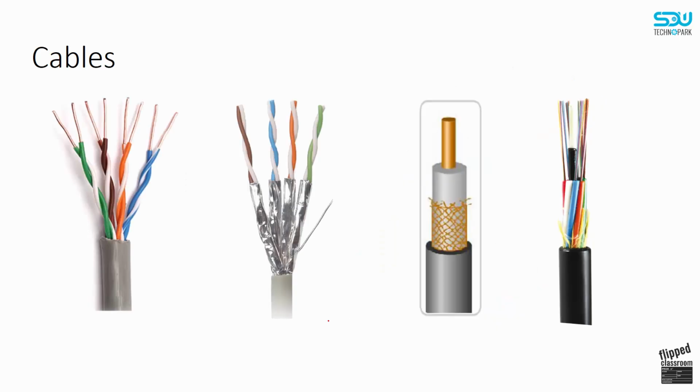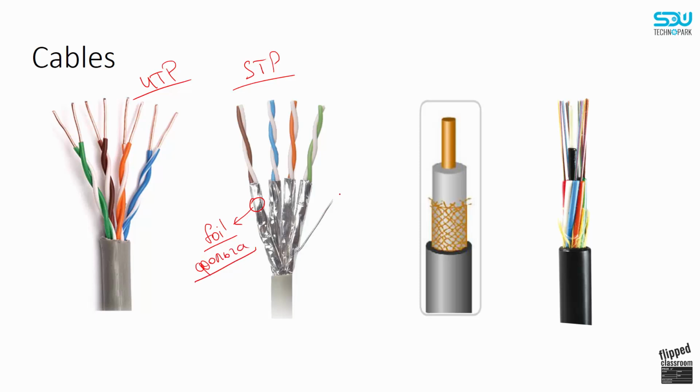We also have cables, different types of cables for different types of media, starting from the UTP cable, which is an abbreviation for unshielded twisted pair, and STP cable, shielded twisted pair with some shield. This shield is usually made of foil. In Russian this is folga.